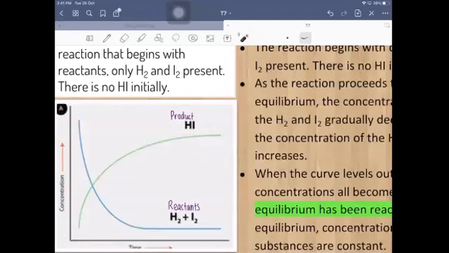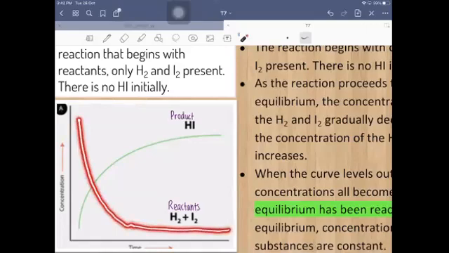Okay, whereas your reactants, I think you are familiar with the concentration time graph of reactants as well. Initially, you have some amount of reactants, okay? And over time, as your reactants combine to produce product, you have your reactants decreasing until it reaches again a constant line, a flat line.